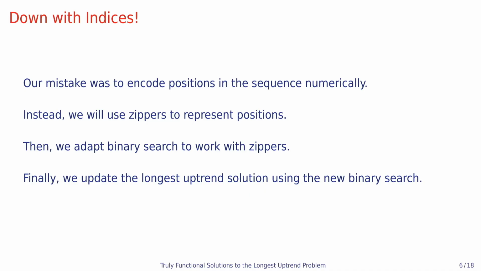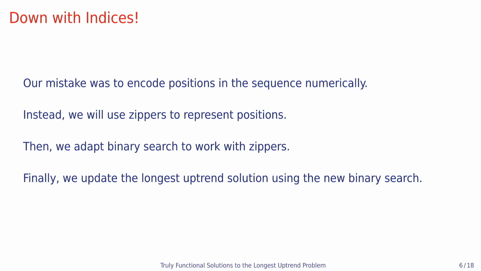So now we take a standard solution. We take Huet zippers instead, and instead of using integer indices, we are going to use zippers for encoding our positions, and then we have, of course, to adapt binary search to work with zippers, and in the end, we adapt the longest uptrend implementation to work with the new binary search.